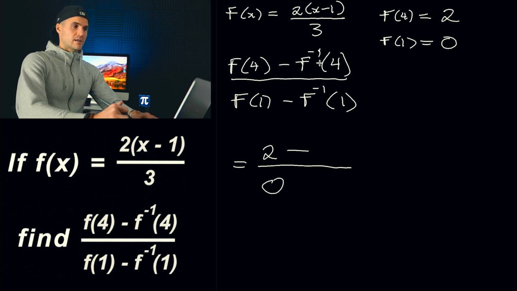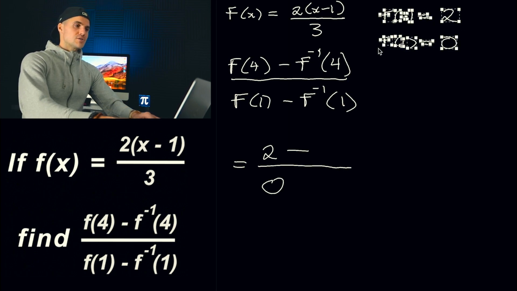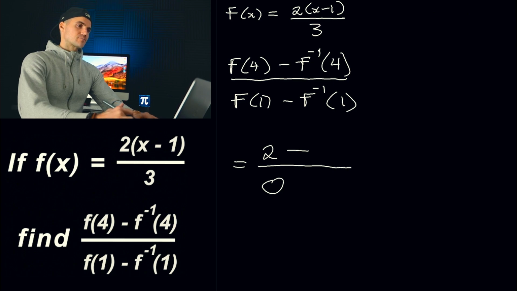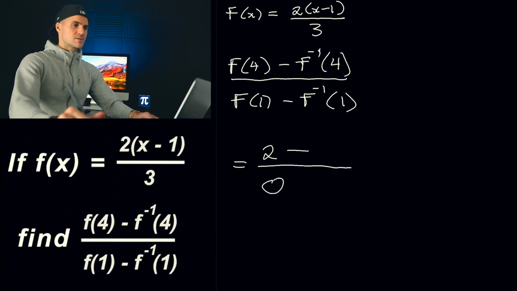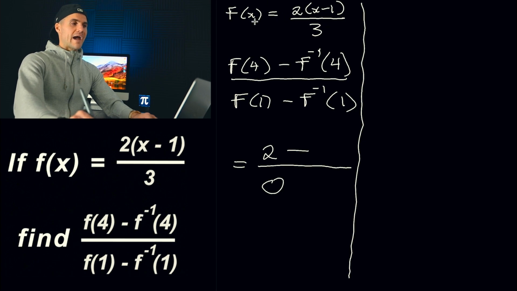Now what we have to find are these inverse values. There are two ways you can go about it, probably even more than two, but I will show you two. One way is to find the actual equation of the inverse. How do we do that? Well, if you remember, we have y equals 2 bracket x minus 1 over 3.